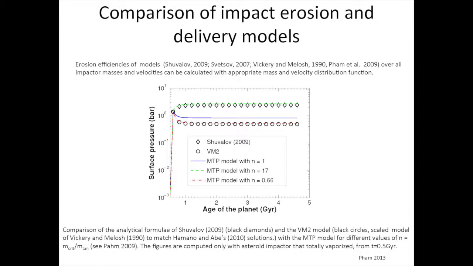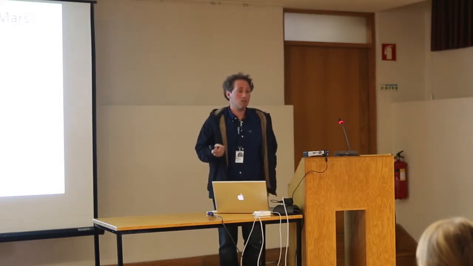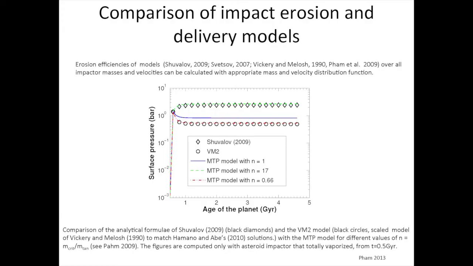What we can do is study the case of Mars. We know that today we are here with 7 millibar of atmosphere. If we use the most favorable conditions for atmospheric escape, what will be the maximum pressure that you will get at the end of the Noachian?